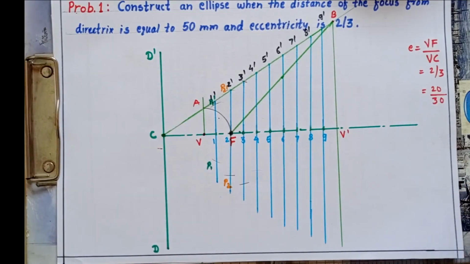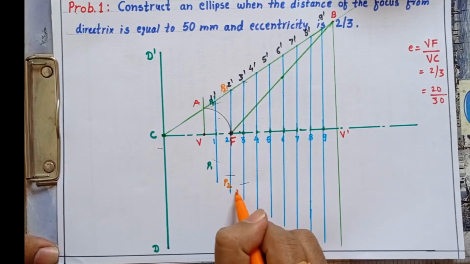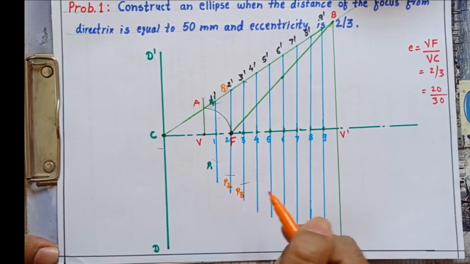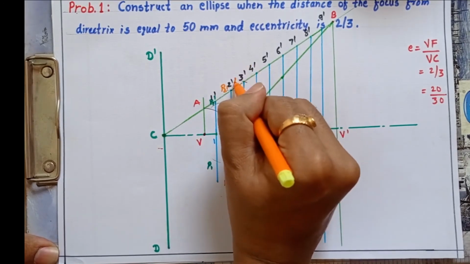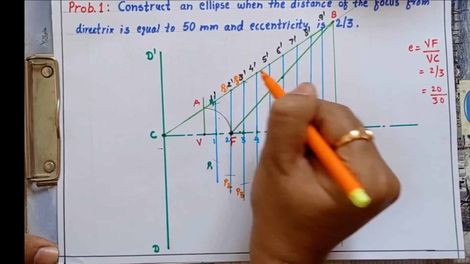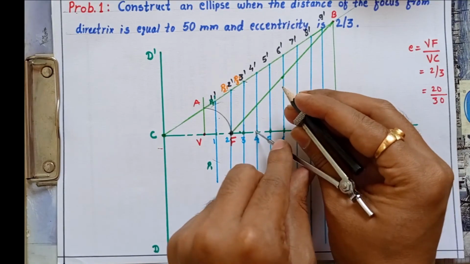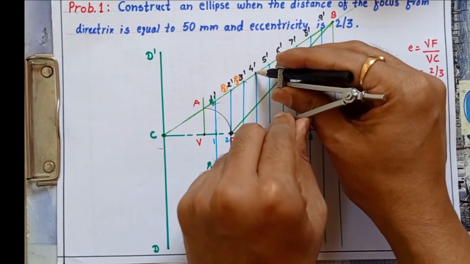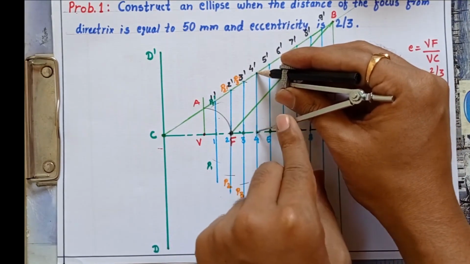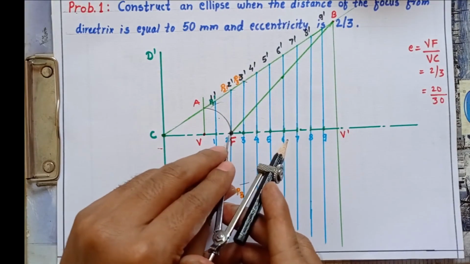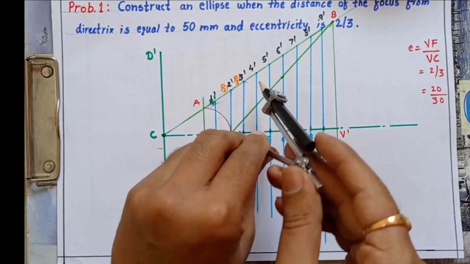Fine. It will be named as P3 and P3 dash.